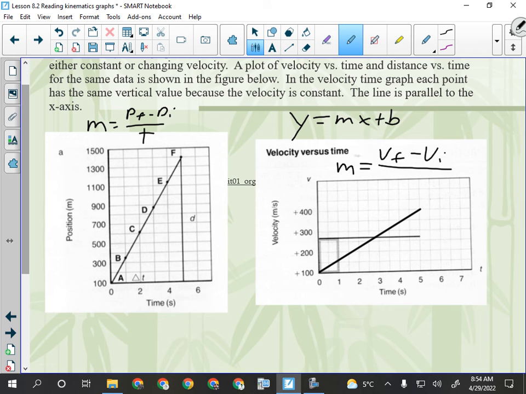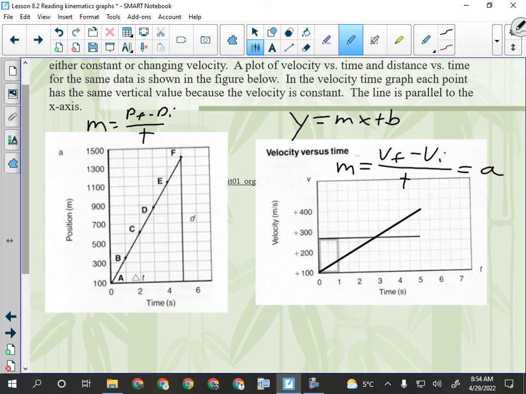Okay, so it's still going to be final and initial, but now it's final velocity and initial velocity, and it's going to be divided by time. Okay, this formula calculates acceleration. We haven't gone over acceleration yet, but we're going to come back to that formula a lot once we do.